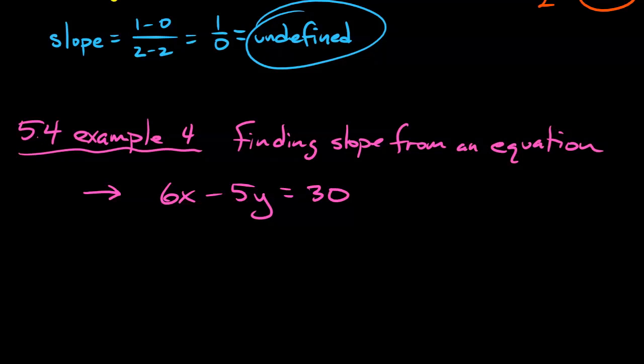So remember, the finger method is like you cross off one at a time. So if I cross off the y's, I get an x-intercept of 5, which would be the point (5, 0). And if I cross off the x's, I would get a y-intercept of -6, which is going to be the point (0, -6).